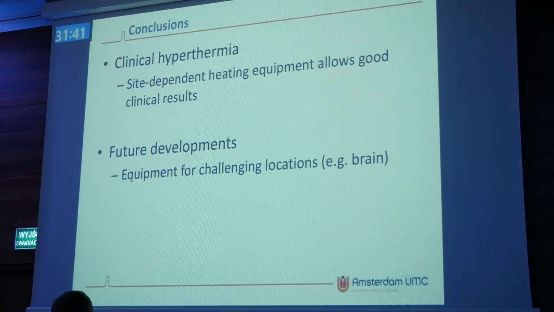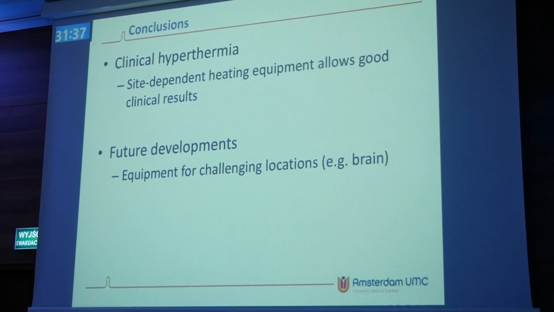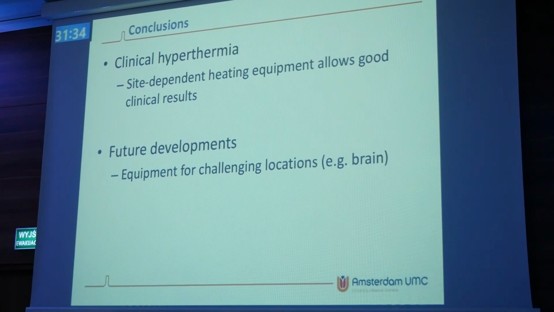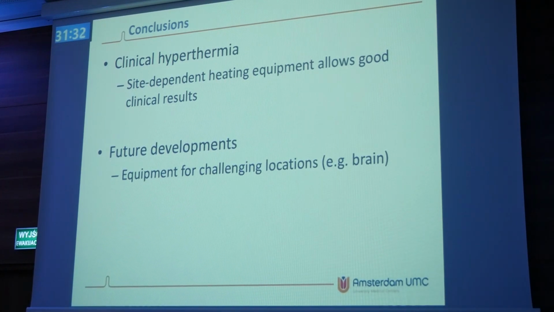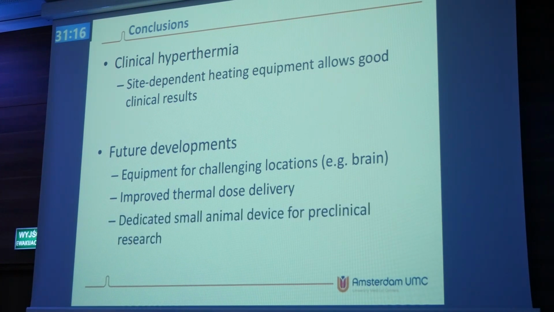So that is one driving force, but also for some of the tumor sites, and there was already a question in the previous presentation, for instance for brain tumors, we need better equipment. We need improved thermal dose delivery, so that means not just the equipment to deliver, but also to monitor the temperature elevation.